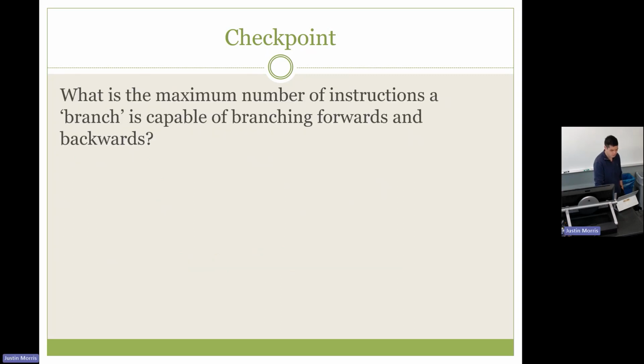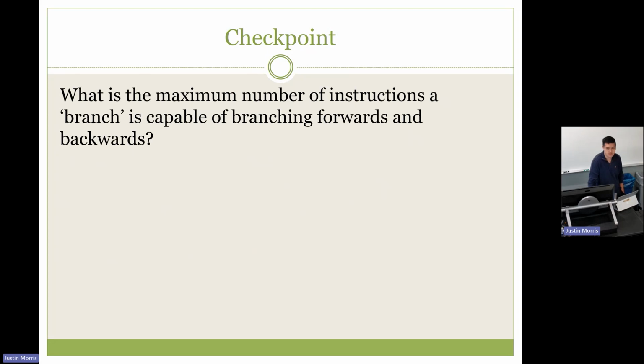Okay, so the next part of this question was, what is the maximum number of instructions a branch is capable of branching forwards and backwards? So what happens to the immediate for the branch instruction? Not add 4, but multiply by 4, right?